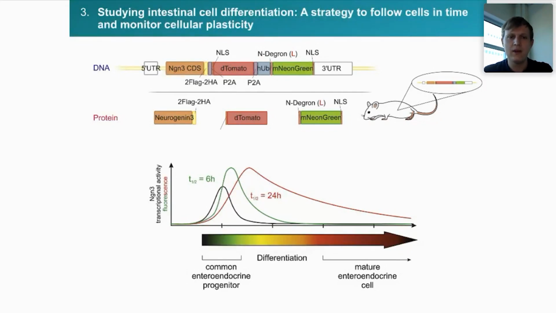The first fluorescent protein, Neon Green, folds very fast and forms very quickly, but is then destabilized by a PEST domain, so it has a very short half-life. The second fluorescent protein, tdTomato, takes a lot of time to form, but then it is very stable, so it stays there forever.